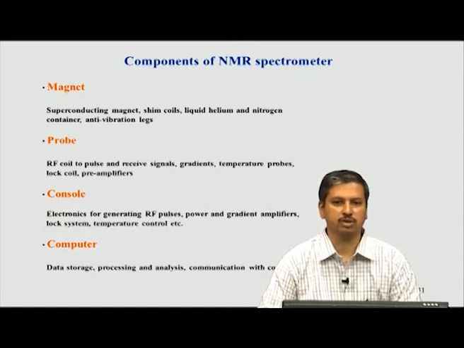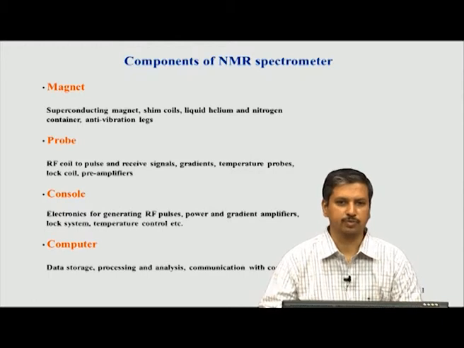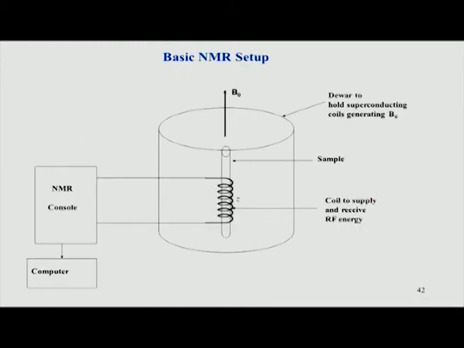We have gradient amplifiers and the lock system and so on. Finally, all the data collected by this hardware, after digitization, is stored in the computer, where we process and analyze the spectrum, and that is how we come to look at the data. So, let us go one by one through each of the components.